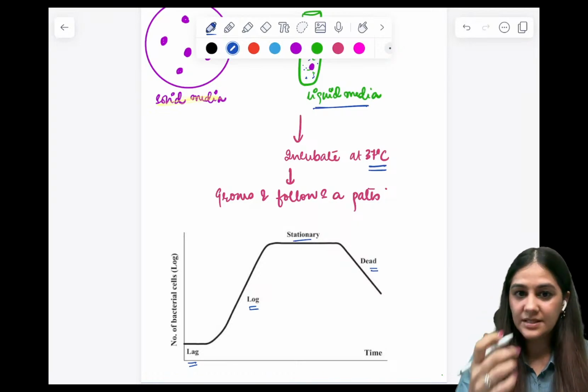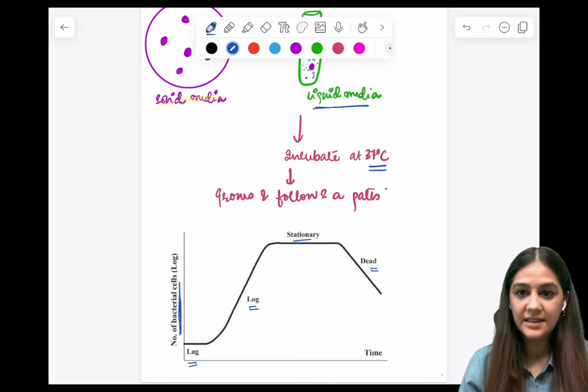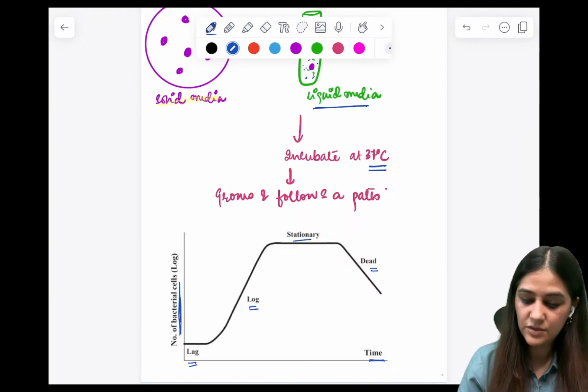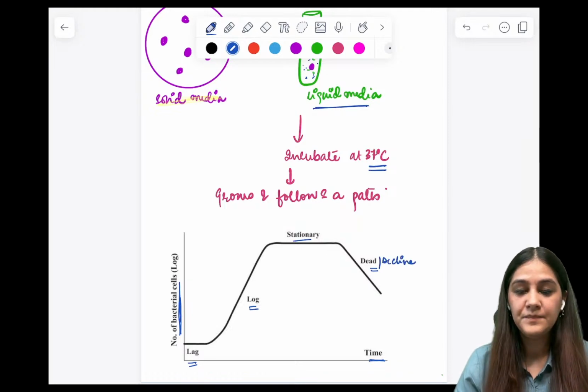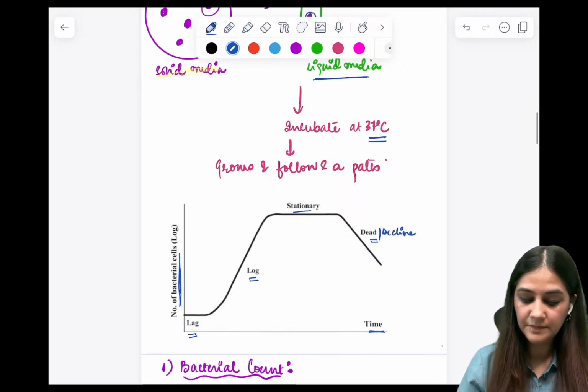It all depends upon the number of bacterial cells in that medium, and how much time they are taking to go through all of these phases. So there is a lag phase, log phase, stationary phase, and then a dead phase, and we also call it a decline phase, right? So four phases. I'm going to talk about them individually later.